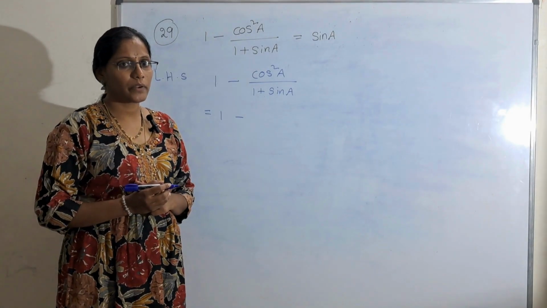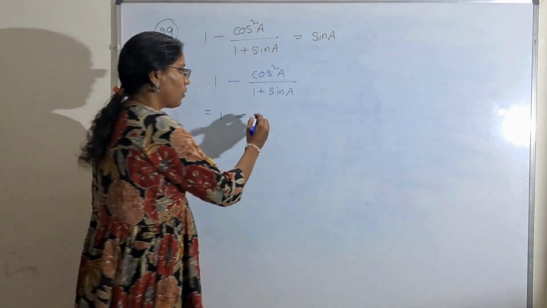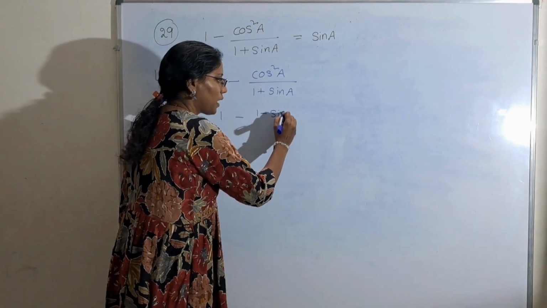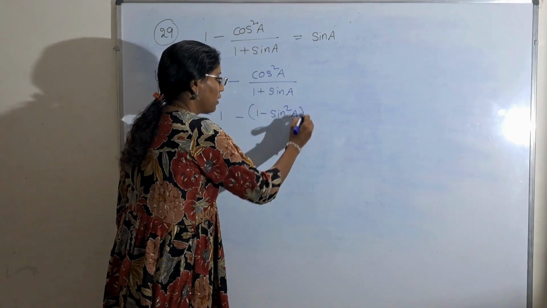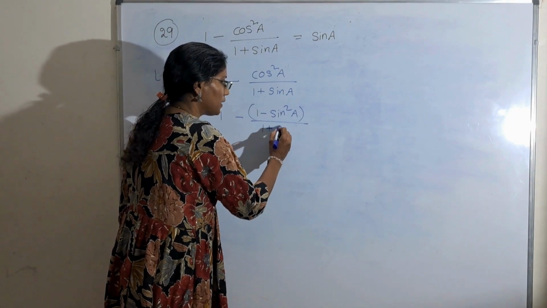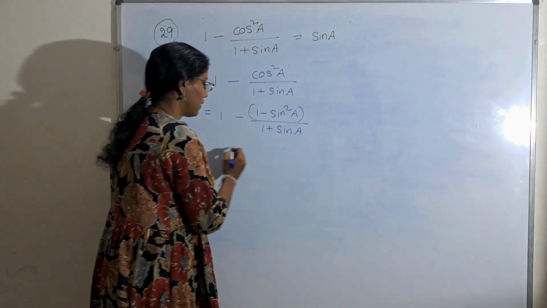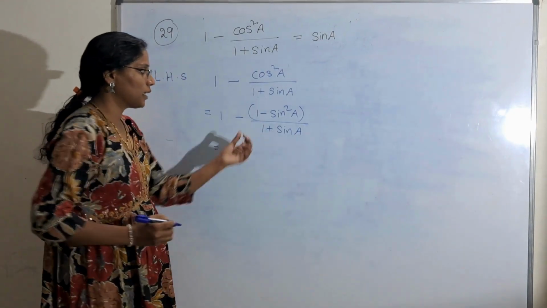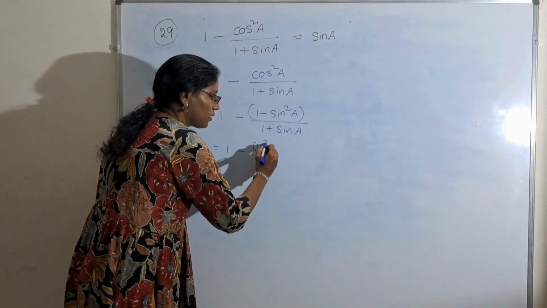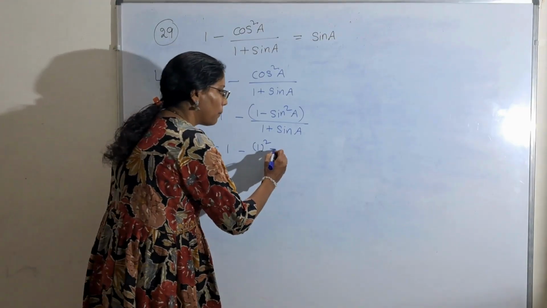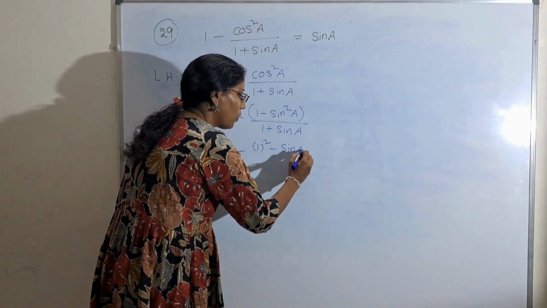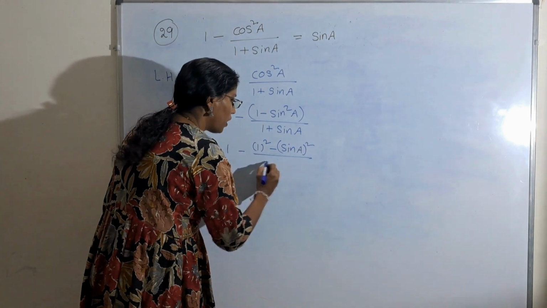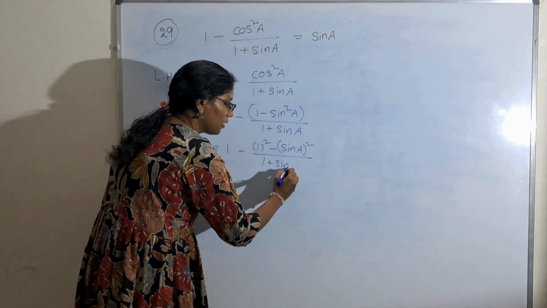How to write cos square A in terms of sin? 1 minus sin square A using the identity. So 1 minus (1 minus sin square A), where 1 square is 1, by 1 plus sin A. What formula can we apply here?